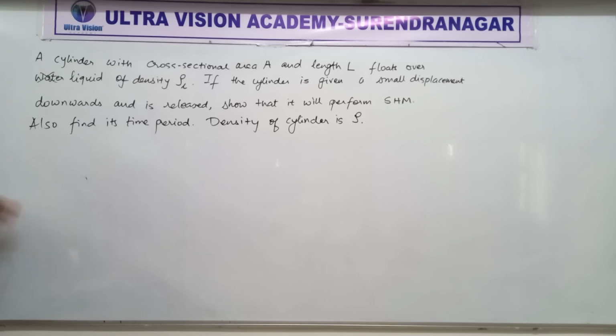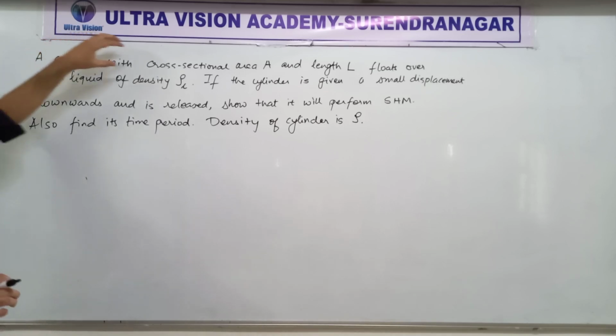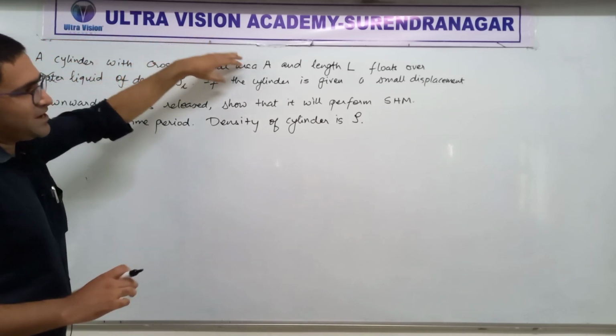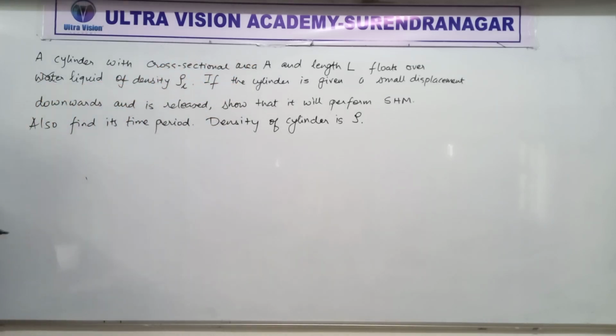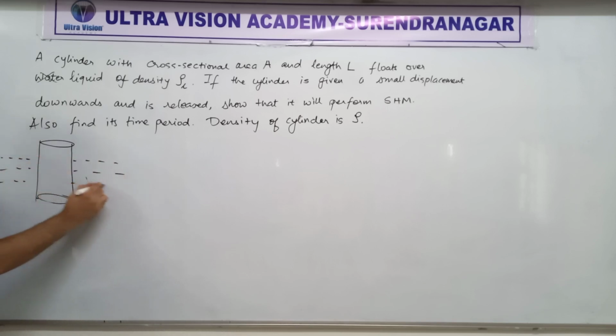So what's given is that there is some cylinder. It has a cross sectional area A and length L, and it is floating over a liquid of density rho L. So let's say it's floating like this. Hopefully you remember why anything floats.